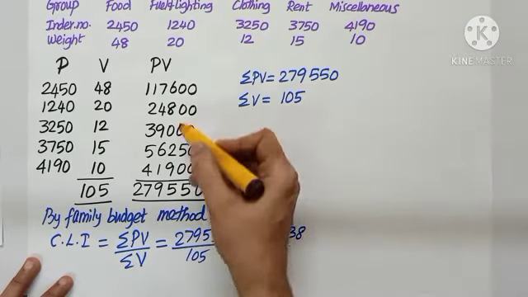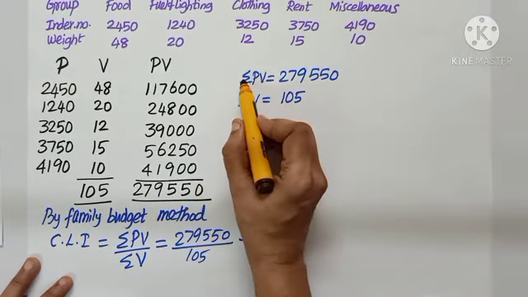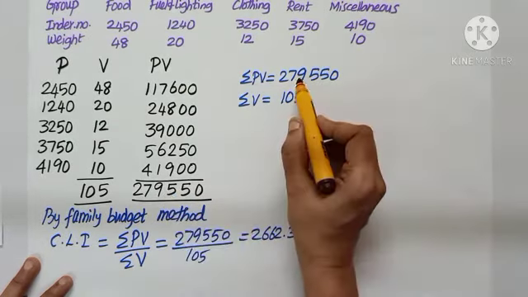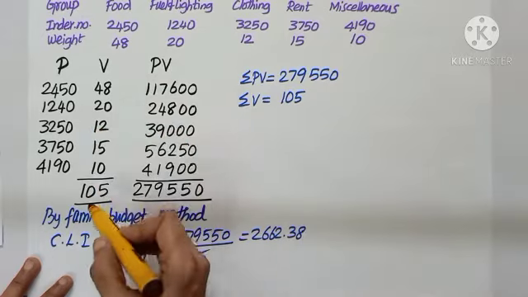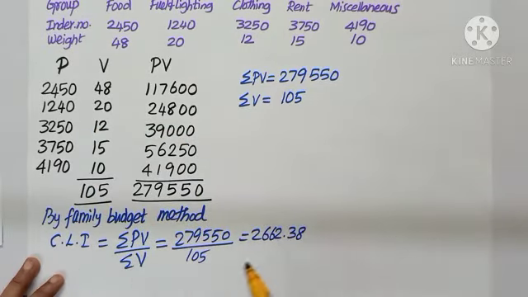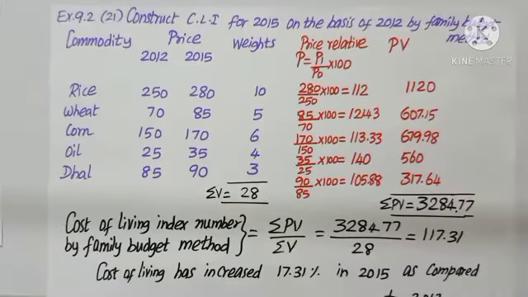Remember, whenever we find the total, put sigma and write the answer. Sigma PV 279550, sigma V 105, and cost of living index number is 2662.38.